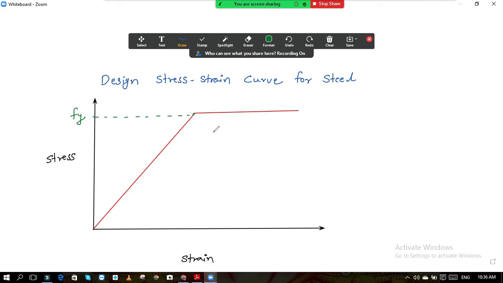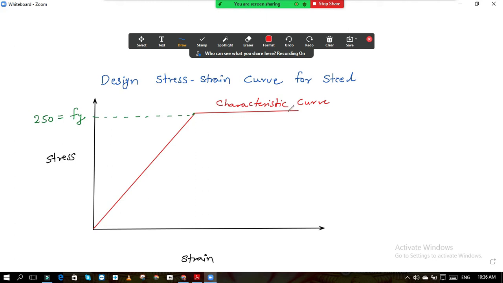So this is Fy, that is your 250, Fe 250, and this is called the characteristic curve.